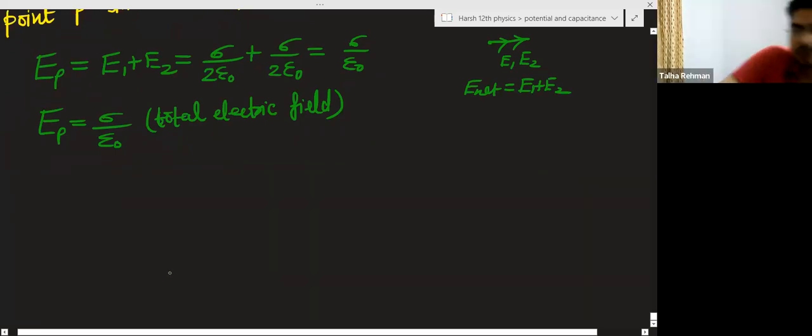Now we have to calculate the potential difference or voltage, you can say potential difference between the plates.